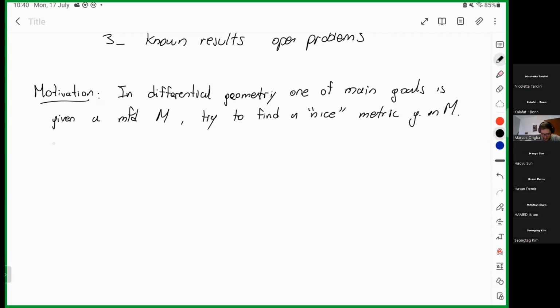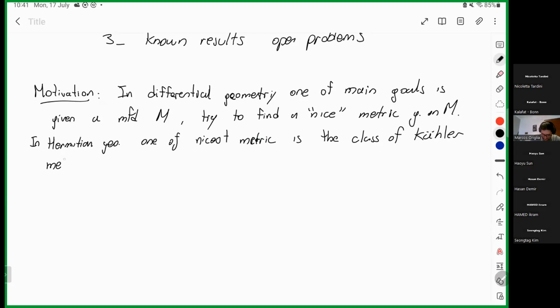But at least in Hermitian geometry, and I will define everything in a moment, this is just motivation, one of the nicest metrics you can find is the class of Kähler metrics. That's one of the best things you can get, at least in this area, right?